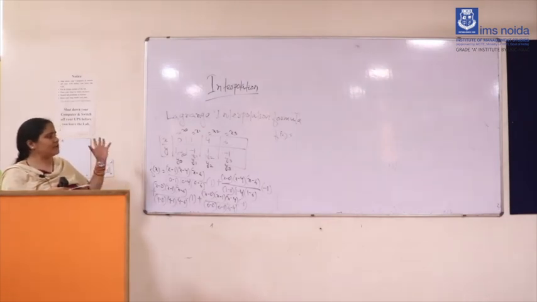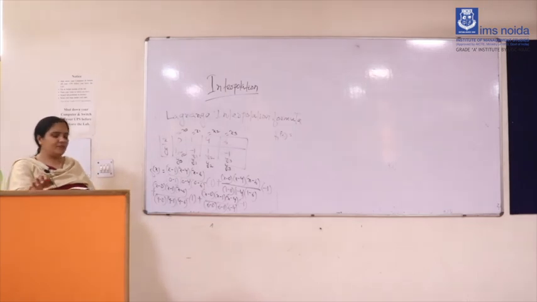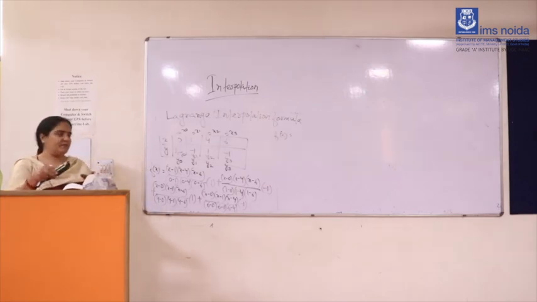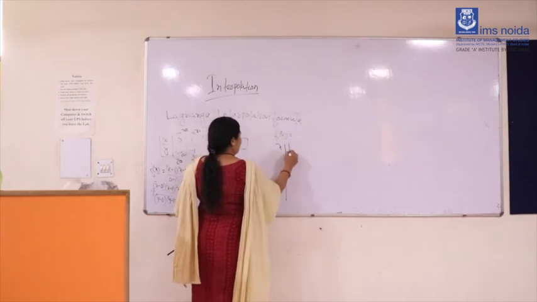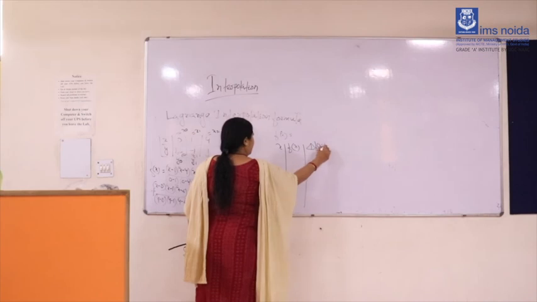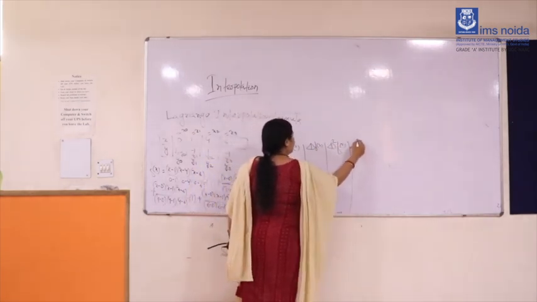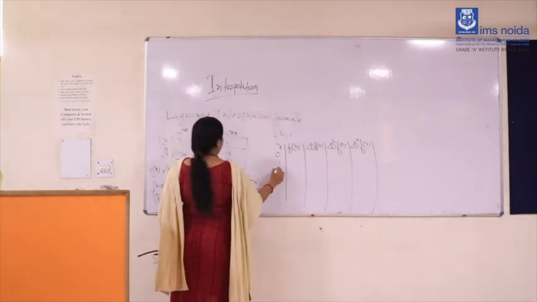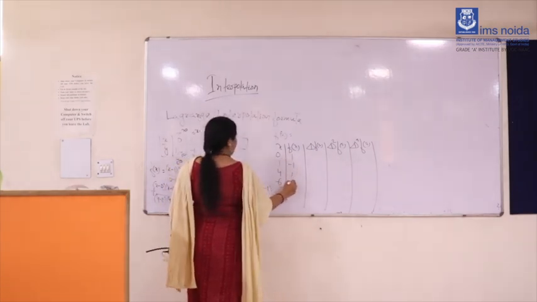The same problem you can also apply through Newton's divided formula, so draw a column: x and then fx, then the first order, the second order, and the third order. The x values are 0, 1, 4, 6, and fx values are 1, minus 1, 1, minus 1.